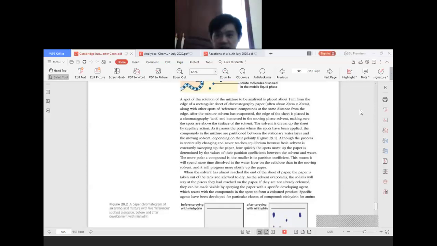From this concept, if you recall, when we did the experiment about chromatography, I used a whiteboard marker and also food coloring. Food coloring goes up along with the solvent, but the whiteboard marker remains.